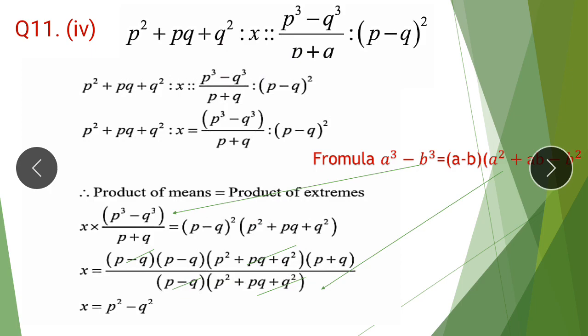Here it's written product of means first, so we take the middle value x and this expression. Why is product of means written first here? Because we want the unknown value x on this side of the equation. Then this will be the product of extremes here.